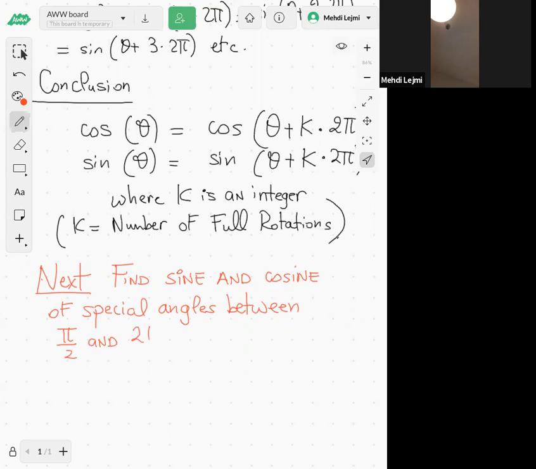So pi over 2 and 2 pi, that's 90 degrees and 360 degrees, right?